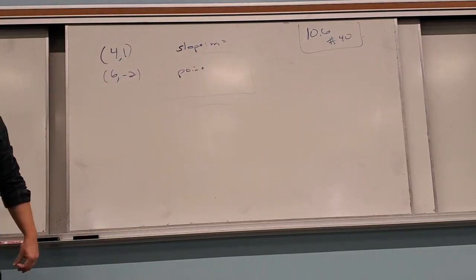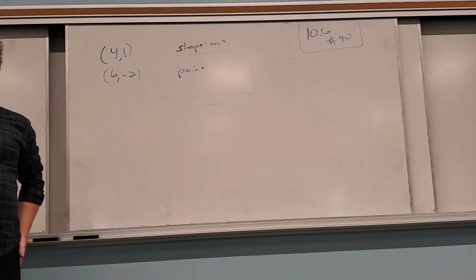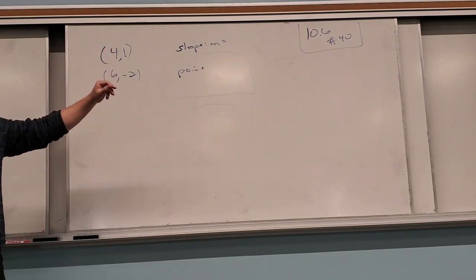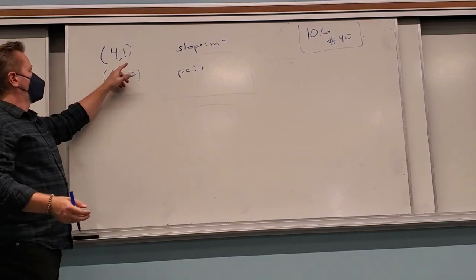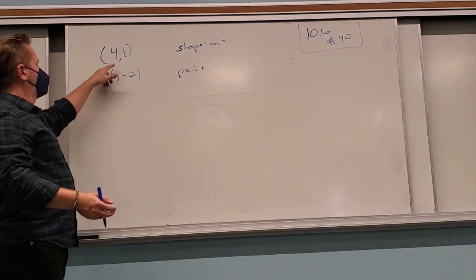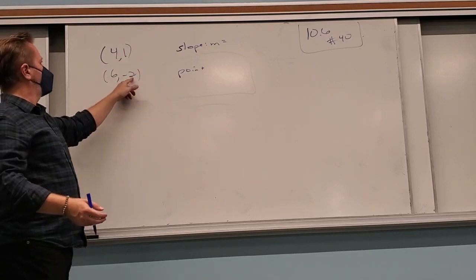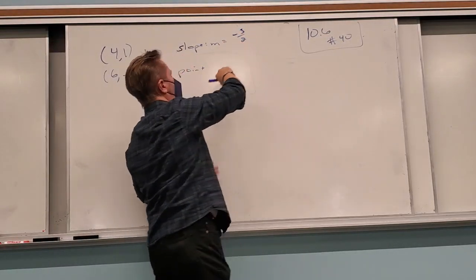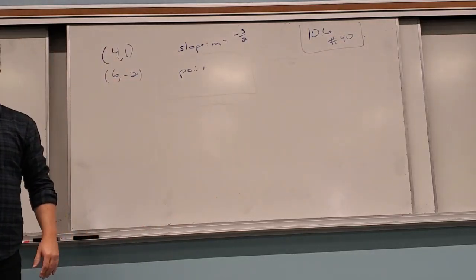Let me get you to the point where you don't need the y minus y1 business. So the slope is easy, yes? What's the slope going to be? -3/2. Right? -2 minus 1 over 6 minus 4. So -3/2. Don't put an x in there yet, just m is a number, right?